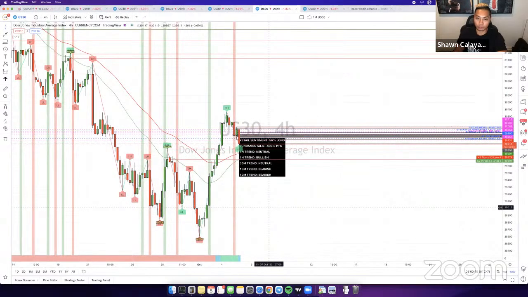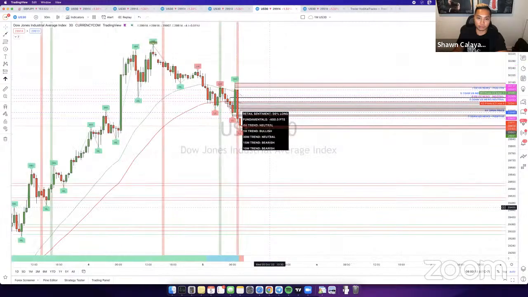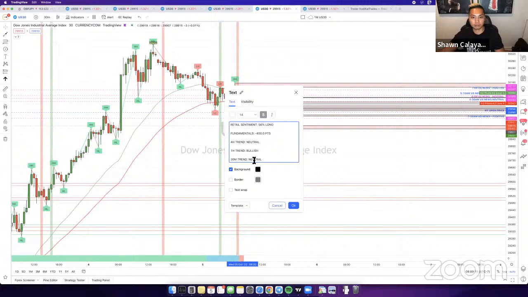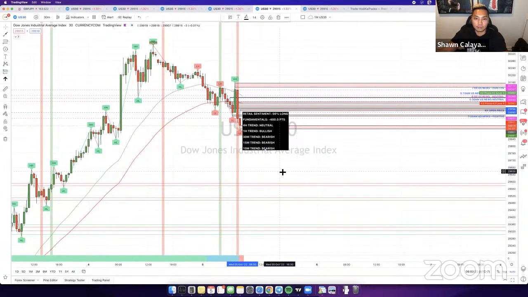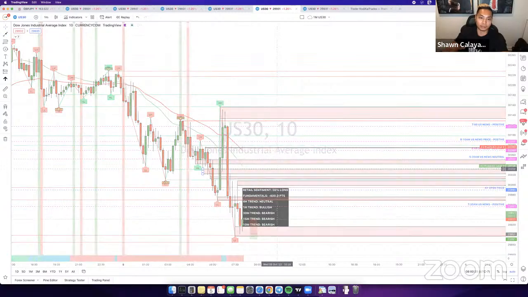It's neutral. 1-hour trend is bullish still. 30-minute trend is bearish too. 15-minute trend is bearish as well. 10-minute trend is bearish. So I think price will continue dropping. I think that's the case here.